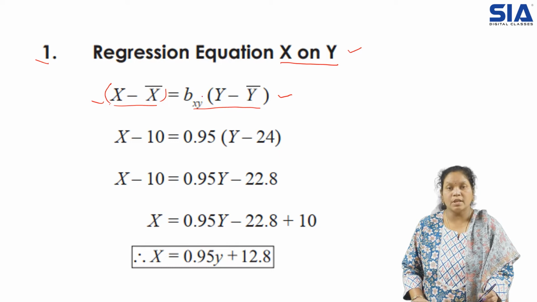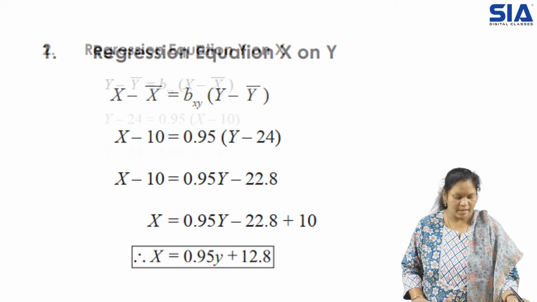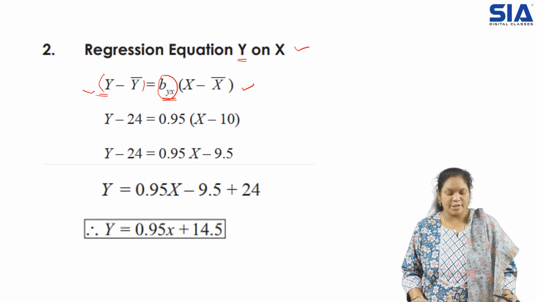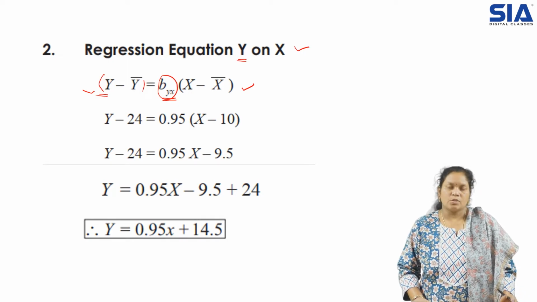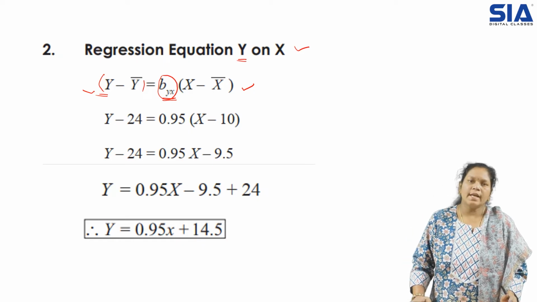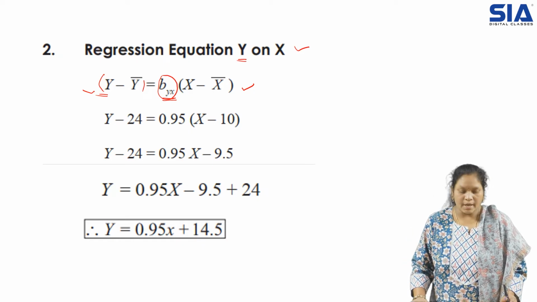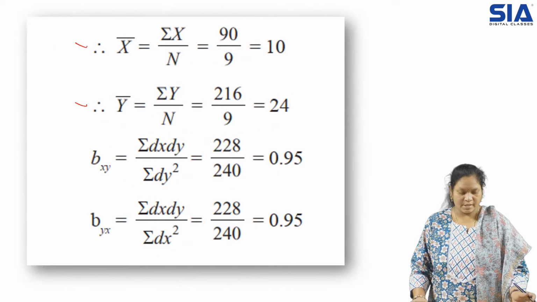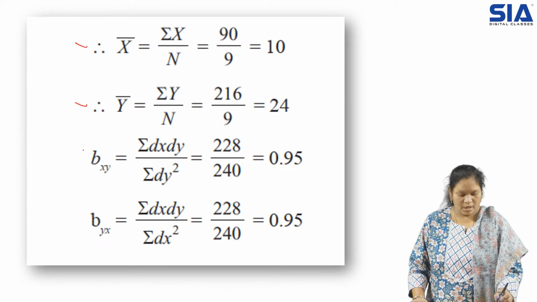One new thing here is bxy as well as byx. These values are called regression coefficients, which we have learned in the introduction part. Now let us discuss their formulas.